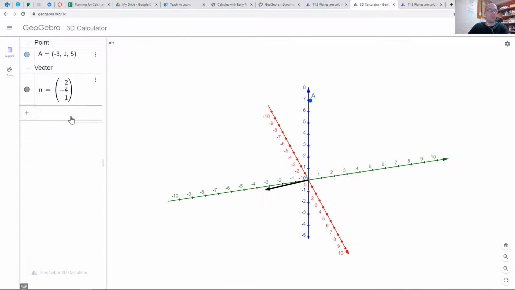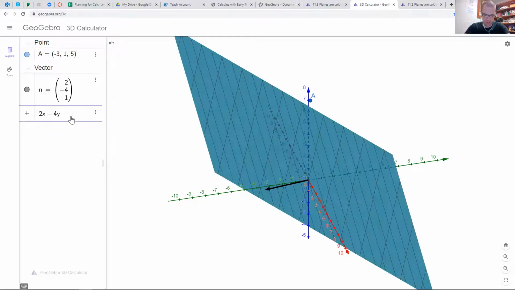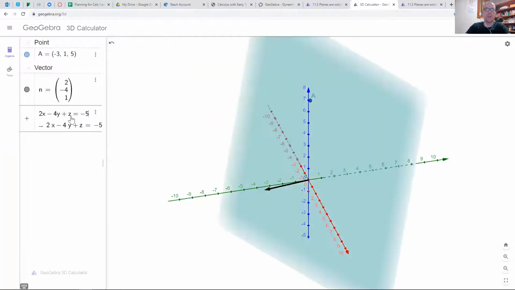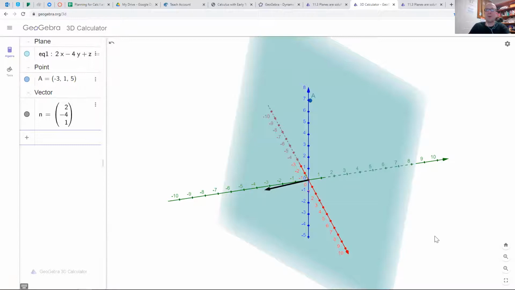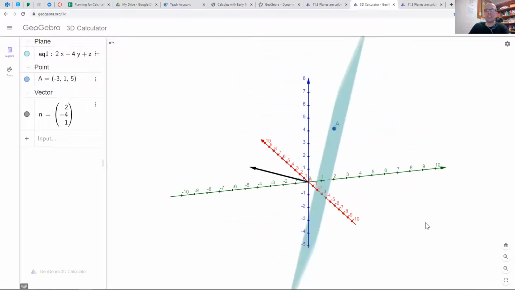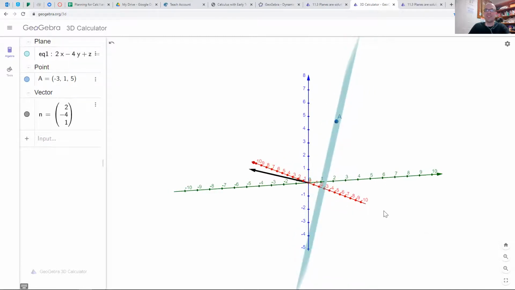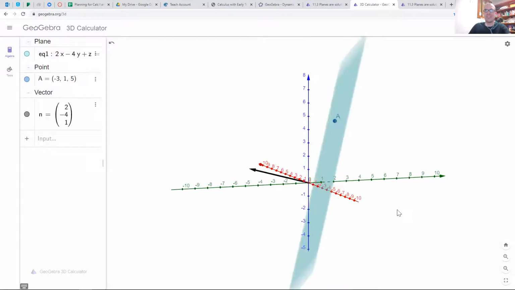That's what we did. So I'm just going to type in that scalar equation. 2x minus 4y plus z equals -5. And we're hoping that this plane is normal to the vector and it goes to the point.